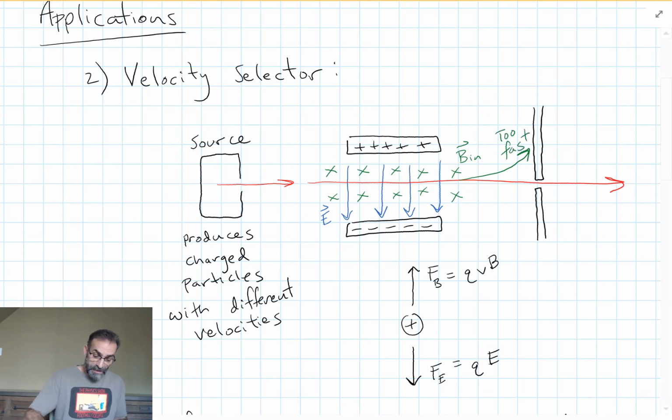And if the particle is moving too slow, the electric force is bigger than the magnetic force, and it curves and hits our wall down here. So it only makes it through if the speed is just right.